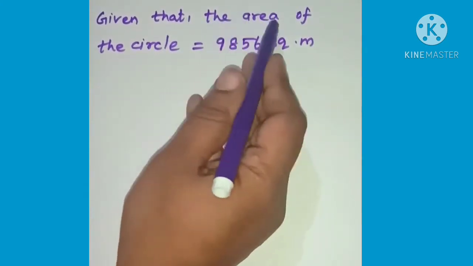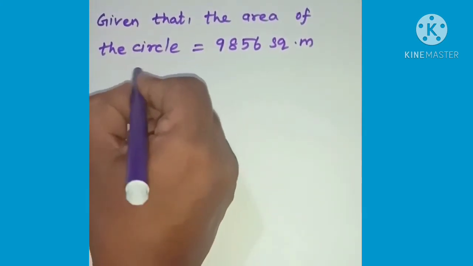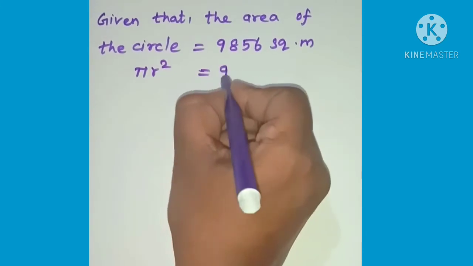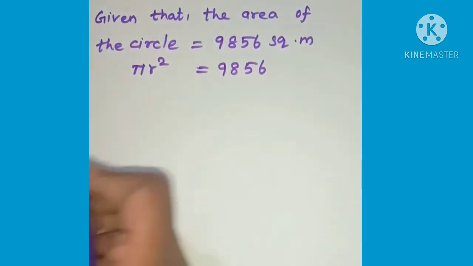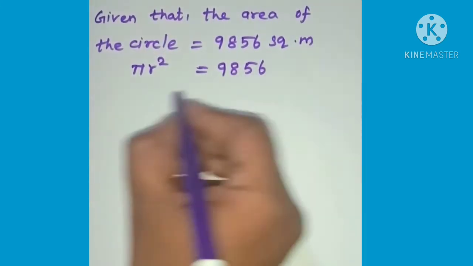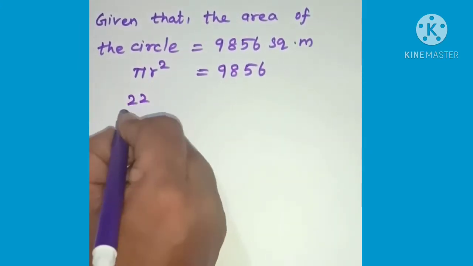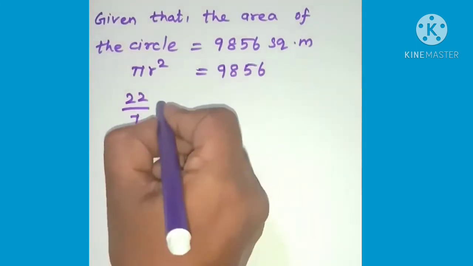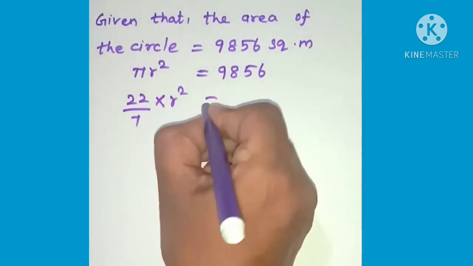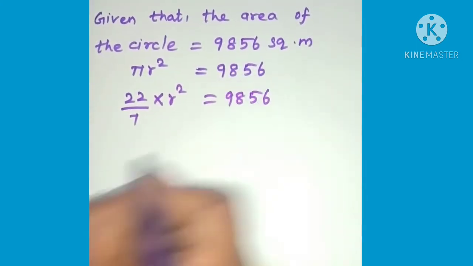So we know that the area of the circle is pi r square, which is equal to 9856. Now here they have given the value of pi as 22/7. Substitute for pi 22/7, and into r square is equal to 9856.